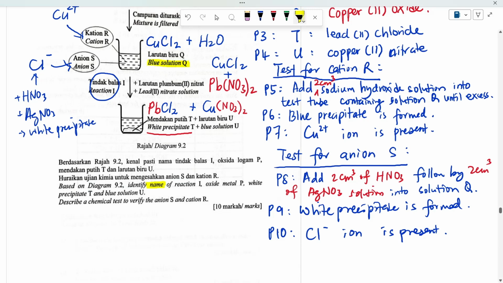Okay, so this is how we write the correct points for the marks allocation in the exam. For the trial questions, I will encourage all of you to try all the essay questions.